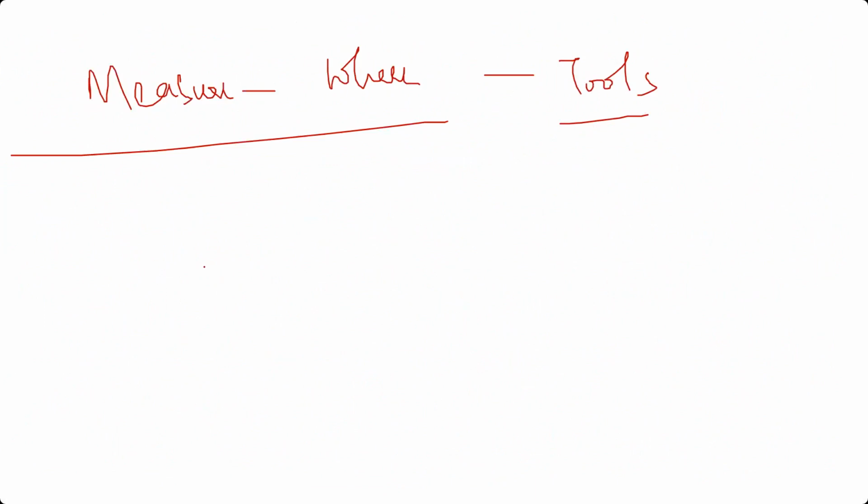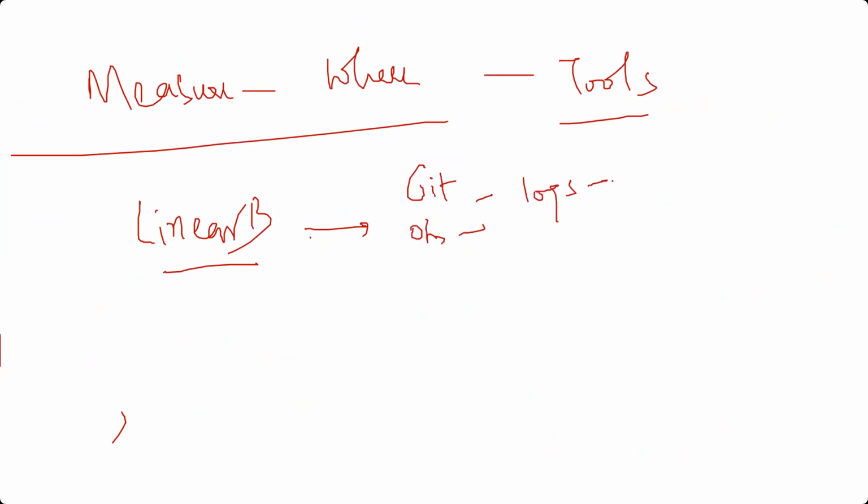There are very good tools available in the market, which you can also see are open source, like LinearB. It's a very good tool which you can integrate with Git. You can integrate with your incident management tools, observability tools, where it will automatically read the logs and compute deployment failure, mean time to recovery, etc. There's another tool which I used to use called Jellyfish.